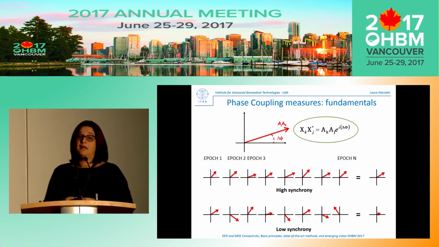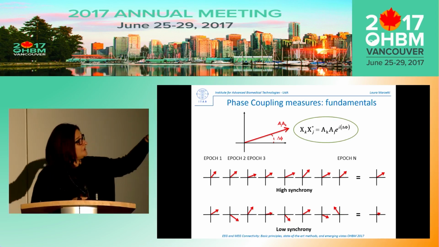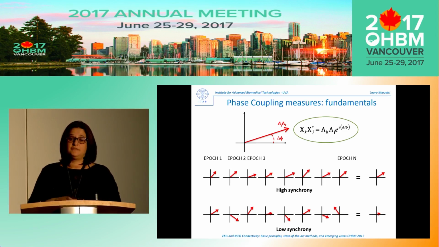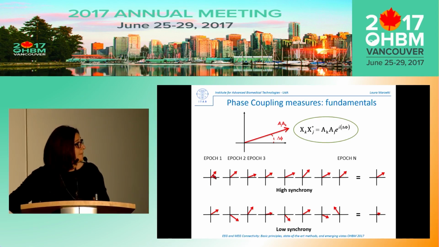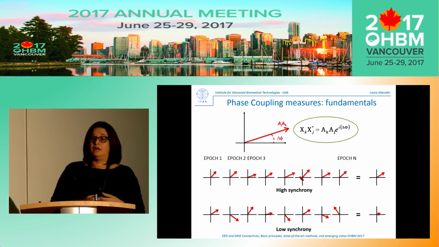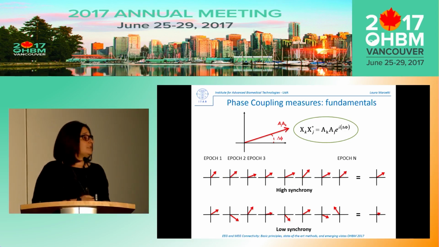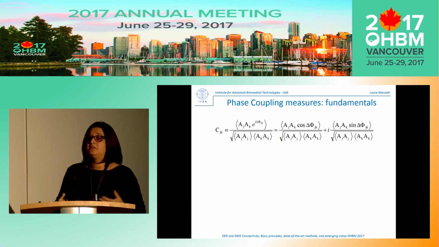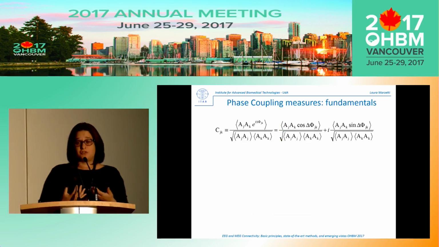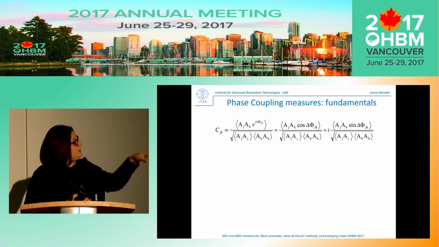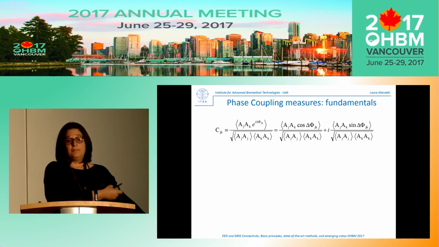Okay, but this quantity that I've been highlighting over there, which is the mathematical definition of the coupling within one of these epochs, now needs to be extended to take into account this procedure of averaging that we have been doing along our data duration. And if we do that, we end up with the definition of the most common measures for phase coupling and connectivity metrics. This is what is usually called the complex coherence.